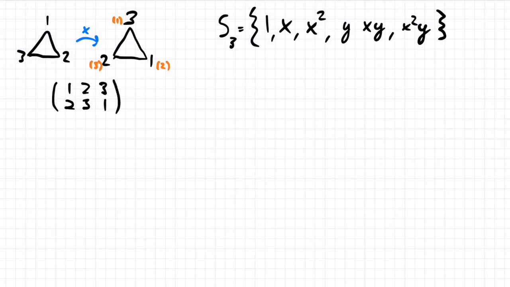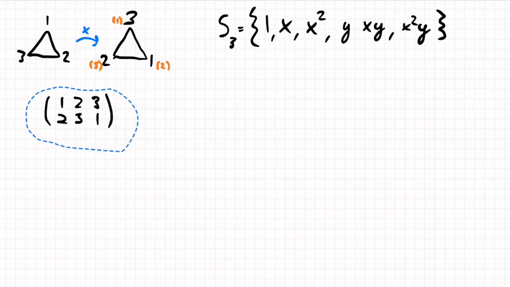You could consider this a 2 by 3 matrix if you wanted to, although we're not going to do matrix multiplication with it. But this contains all of the information that is, at least algebraically, contained in this symmetry of a triangle.